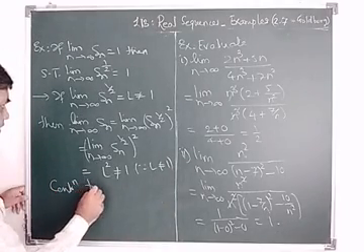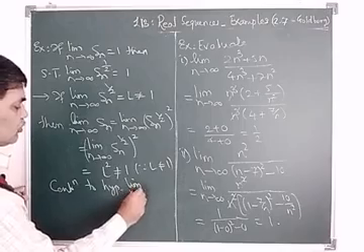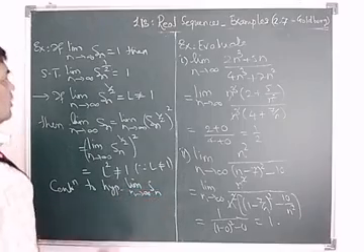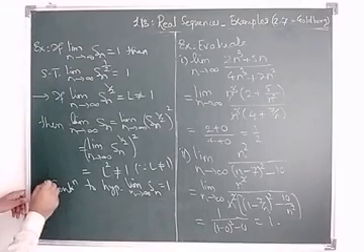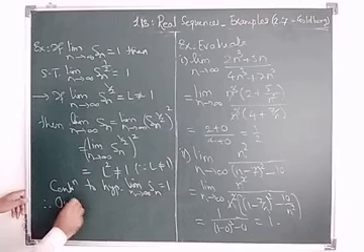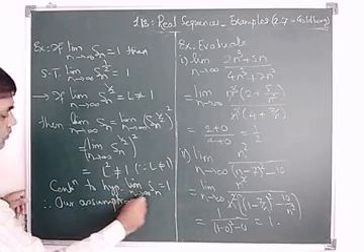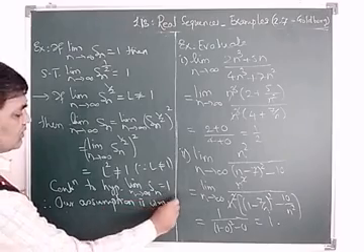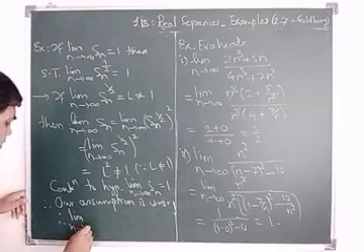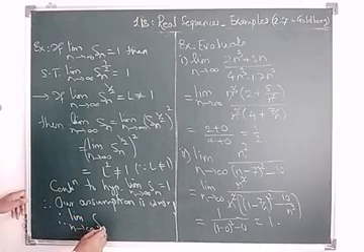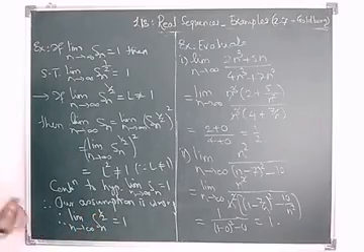The hypothesis says limit n tends to infinity of Sn is 1, and therefore our assumption is wrong. Therefore limit of Sn raised to half must be 1.